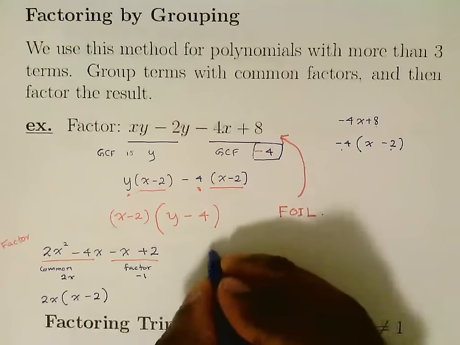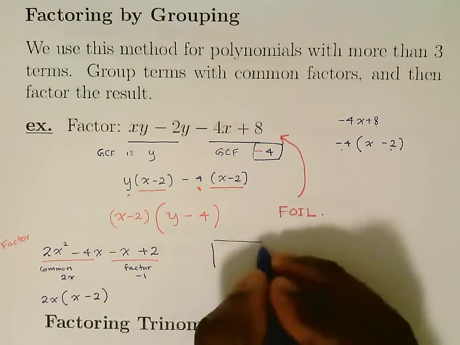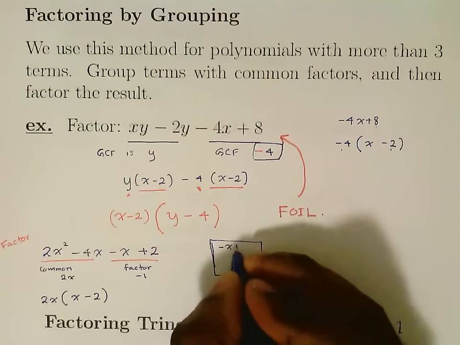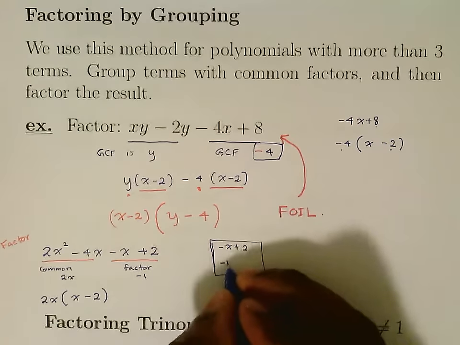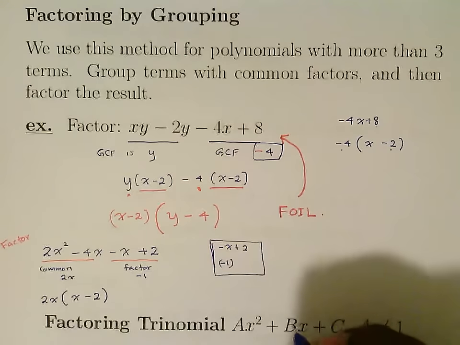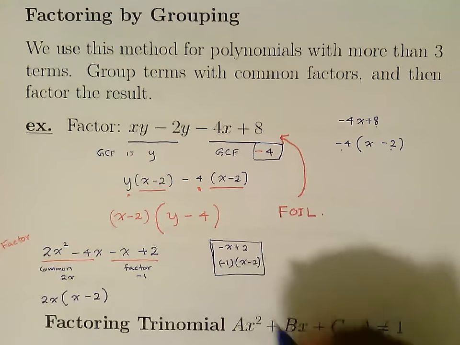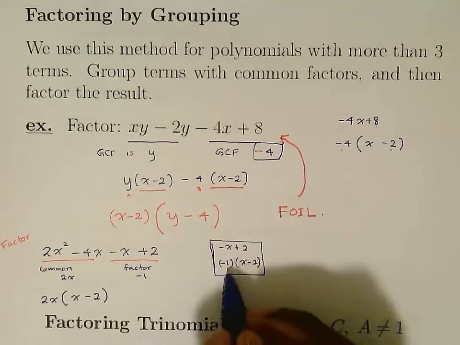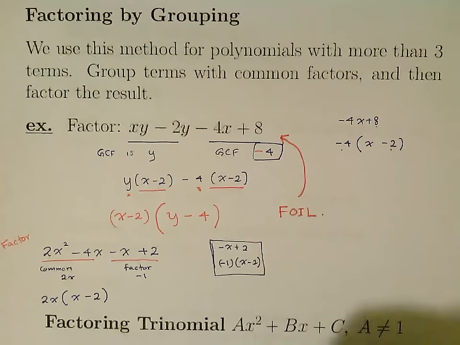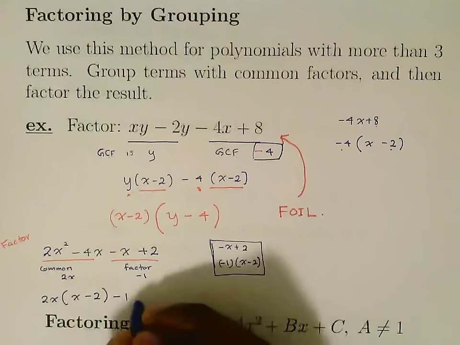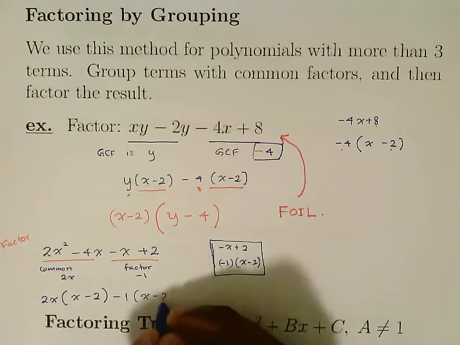Okay, what happens here? So let me just do it on this small box here. So you have -x plus 2. You take out a -1, and then you have plus x minus 2, right? -1 times x is -x. -1 times -2 is plus 2. Works. Okay, so here what goes in is -1 times x minus 2.